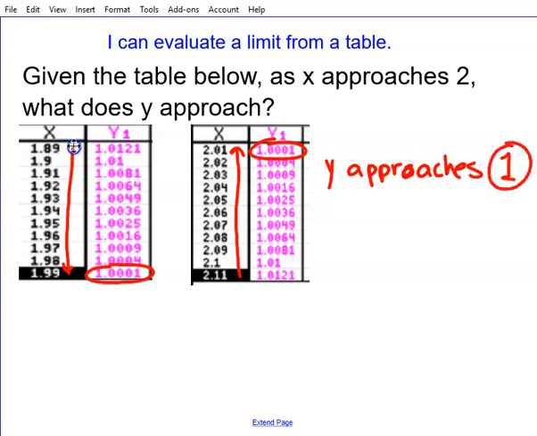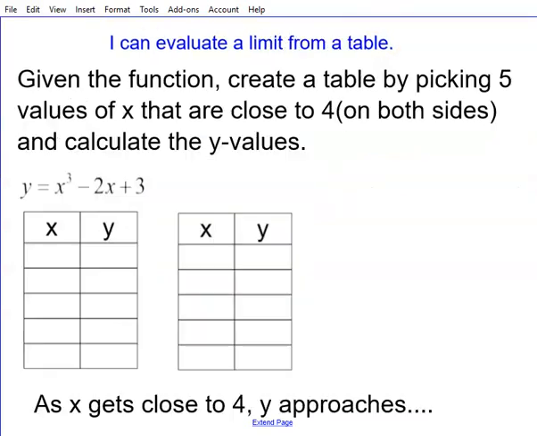All right, so let's say we're given a function. Given the function, create a table by picking 5 values of x that are close to 4. So close to 4, kind of like before, maybe we would do 3.99, 3.98, 3.97.